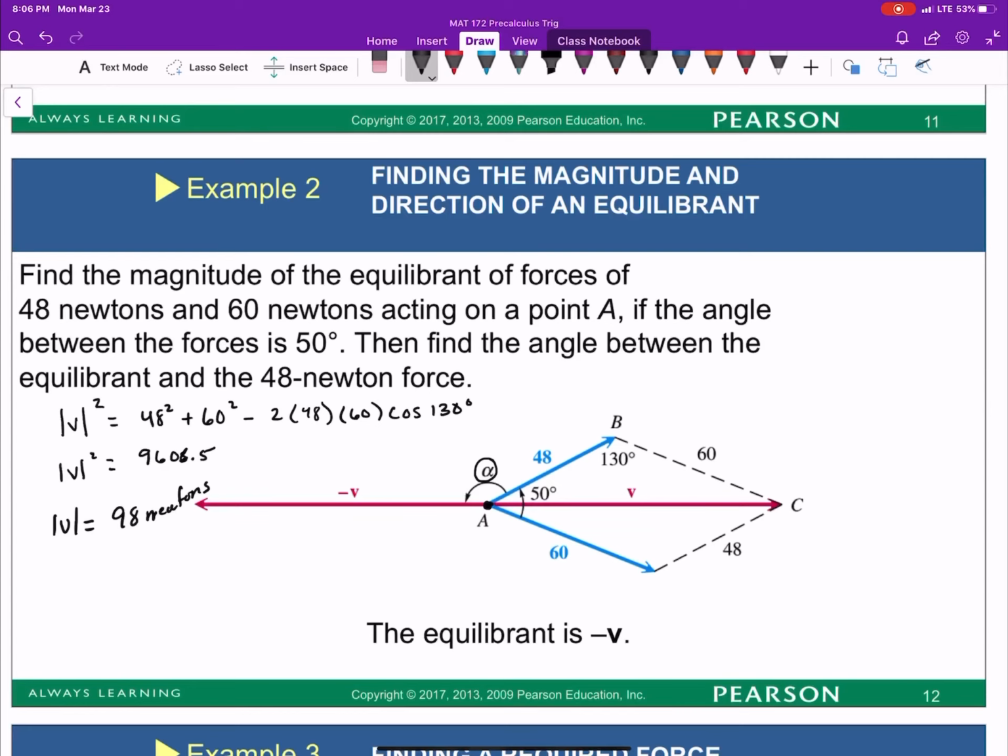So if we look at that, we're still looking for what? The angle. We found the force, but we didn't find the angle. So let's look at this. Take a minute and look at this.